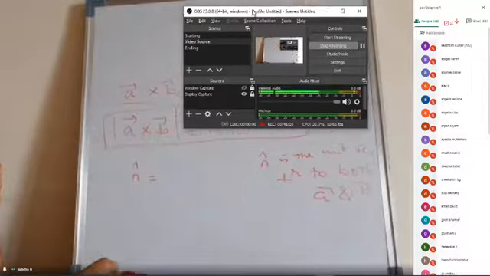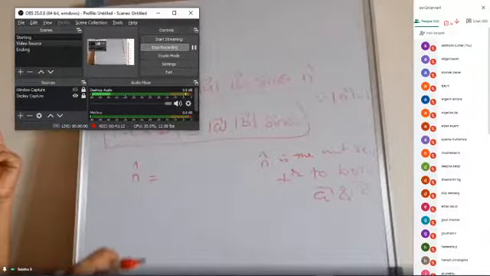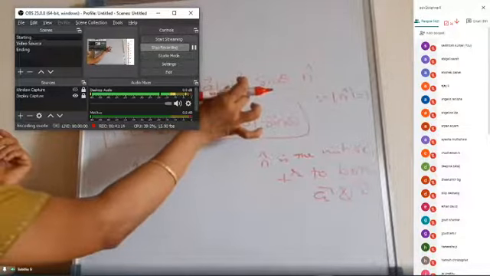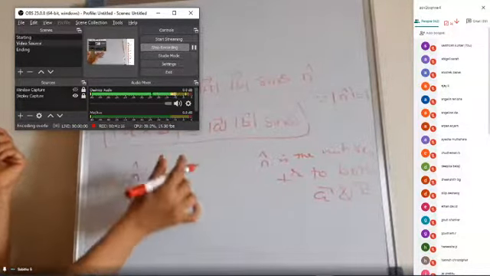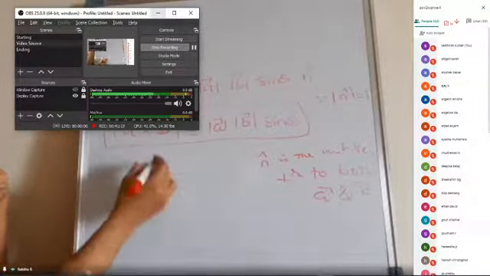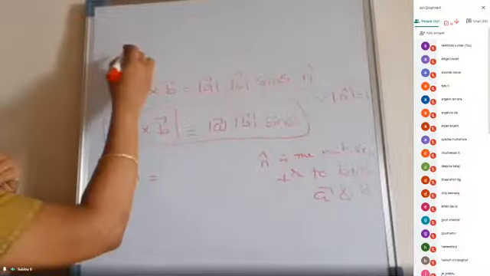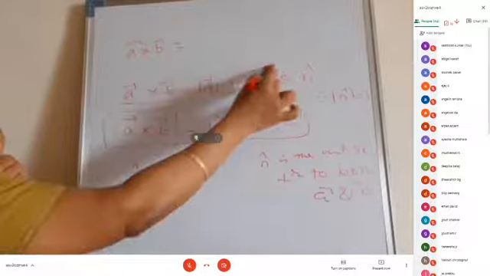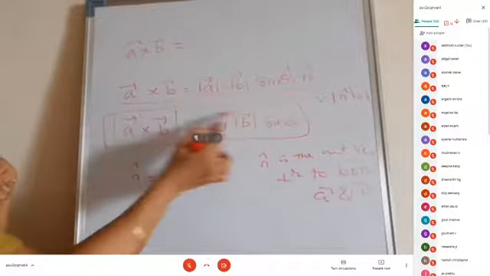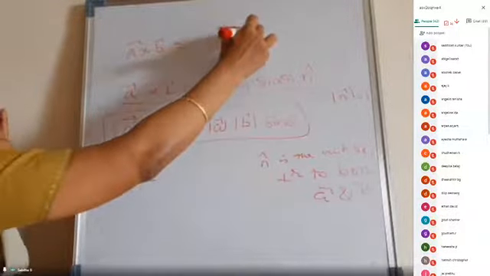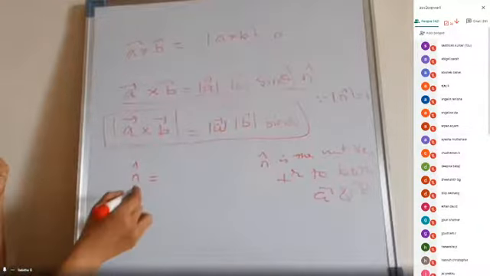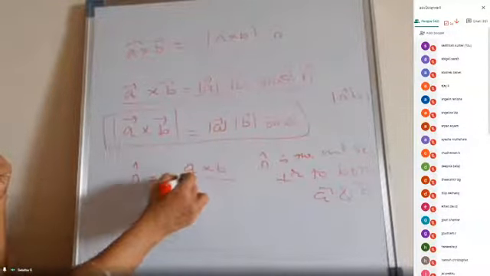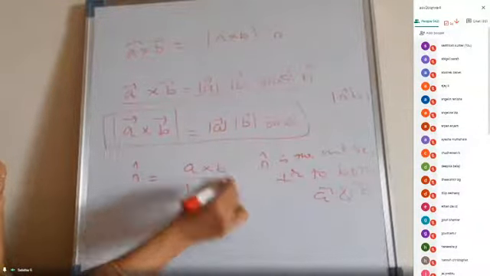Instead of mod A mod B sin theta, I can use mod A cross B. Therefore, n cap equals A cross B by mod A cross B.